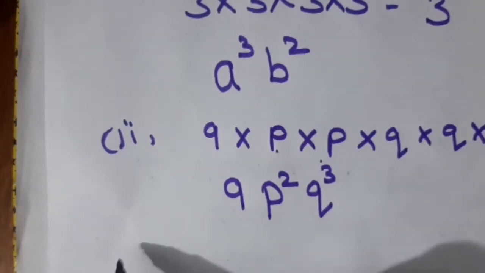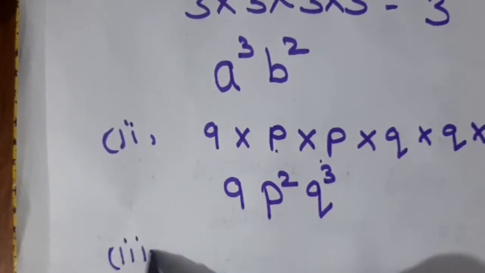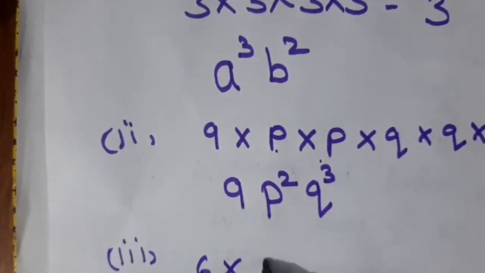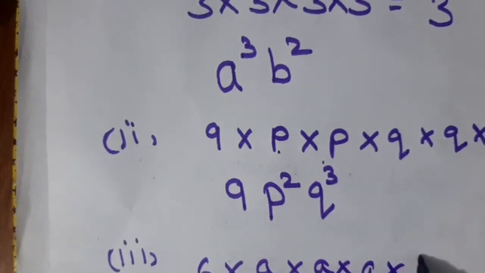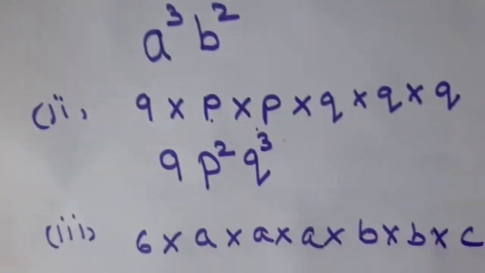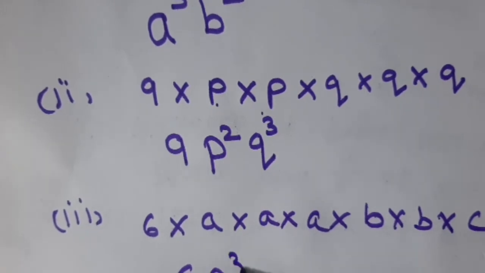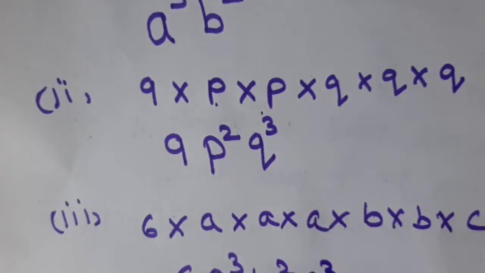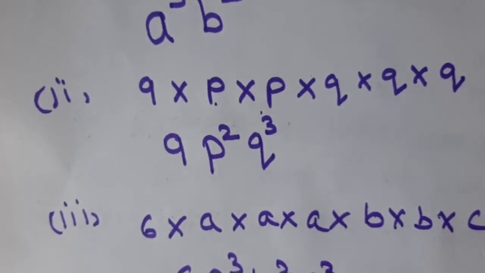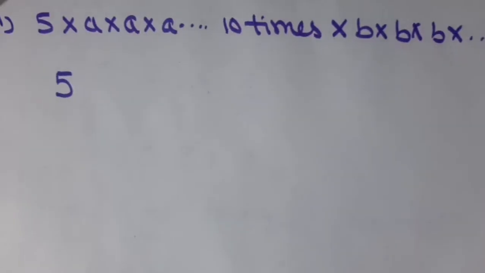Now third question is 6. A is 3 times and B is 2 times, B into B, and C is again 3 times. So here you will write it as 6, A raised to power 3, B raised to power 2 and C raised to power 3. Now I'll do one more part.